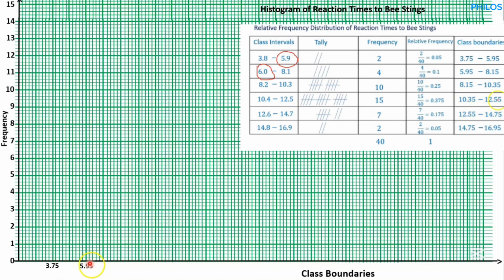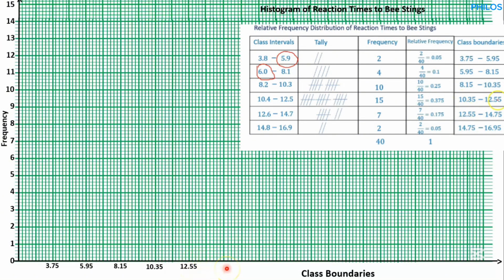But we have 5.95 already, so we just do the upper. That will be 8.15. Then the next class is 8.15 to 10.35, so we just write 10.35. Then the next class is 10.35 to 12.55, so we just write 12.55.